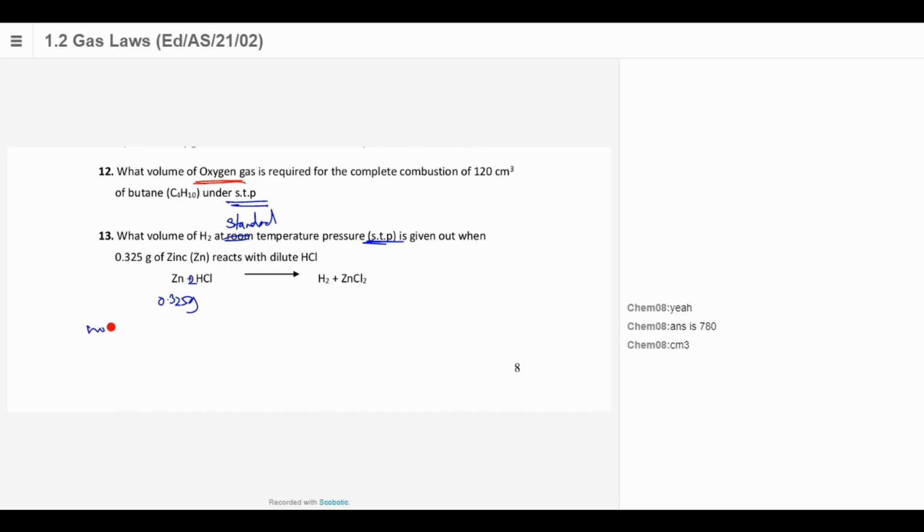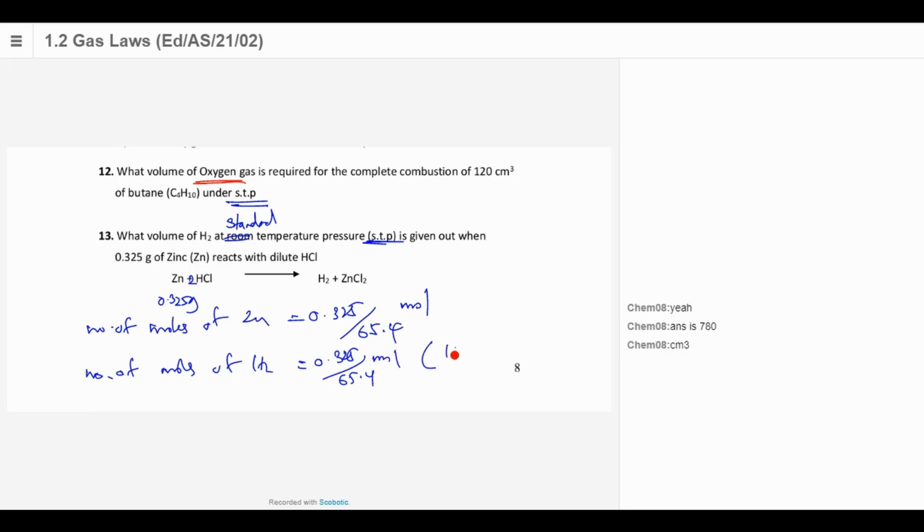So first you find the number of moles of zinc, that is the mass over the molar mass, 65.4. You have to use the exact values. The number of moles of hydrogen is the same. Leave it as a fraction.